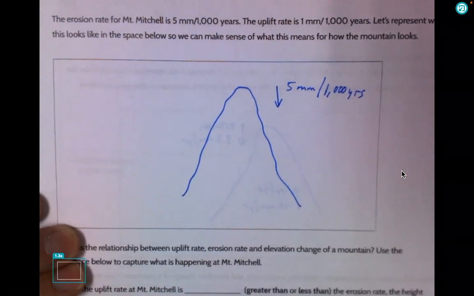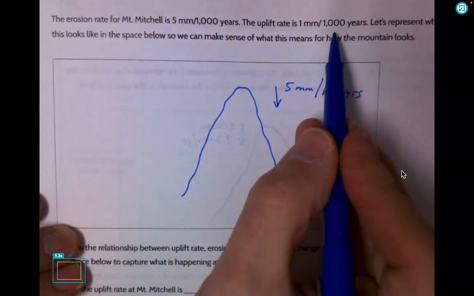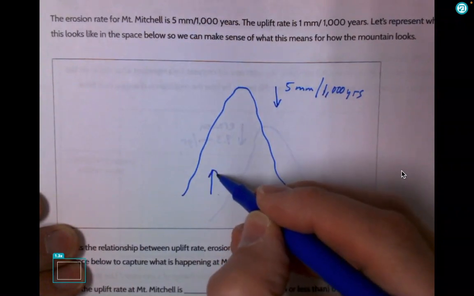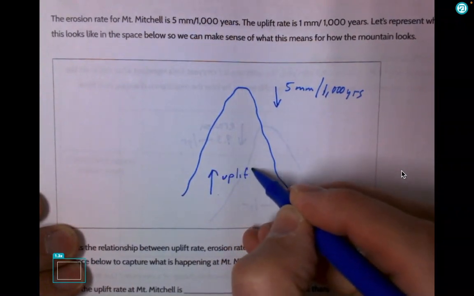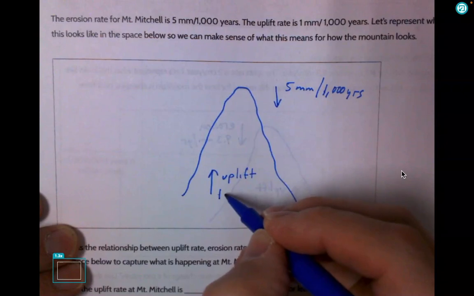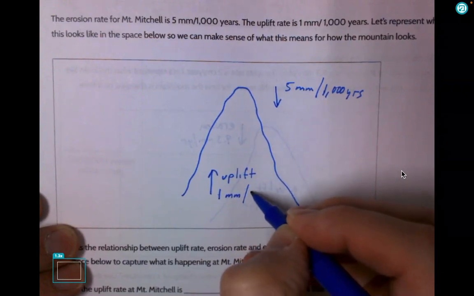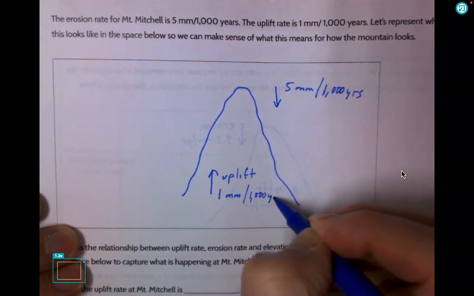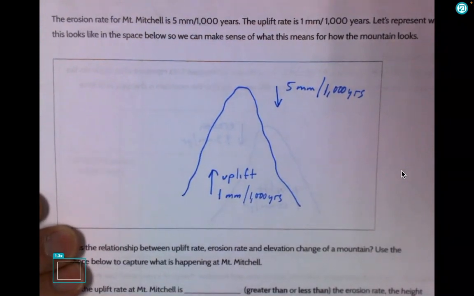The uplift rate, which is right here, is 1 millimeter per 1,000 years. And that's all the information we can put in there for now.